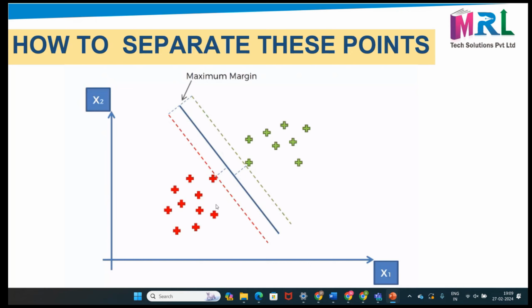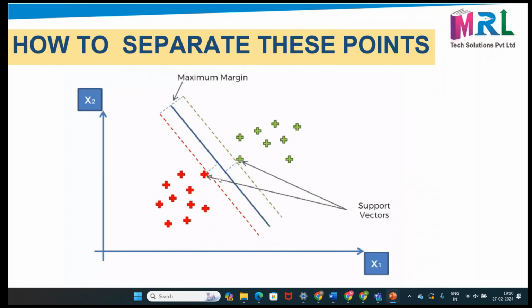If you have the data set here, these two points have the maximum margin between the groups. You can clearly see this point is the margin of this group, and this point is the margin of this group. These are the extreme points of the two groups.